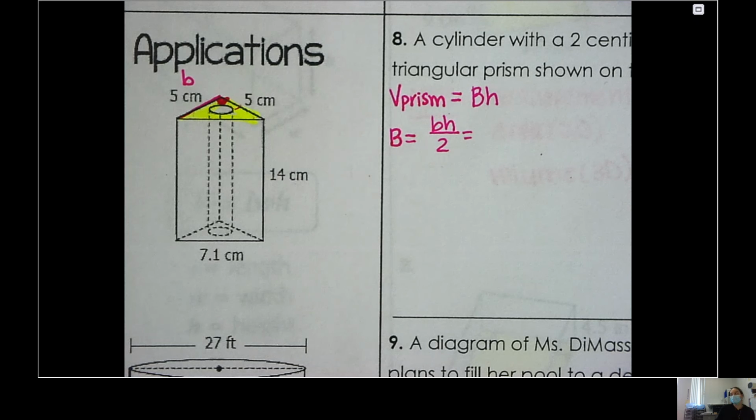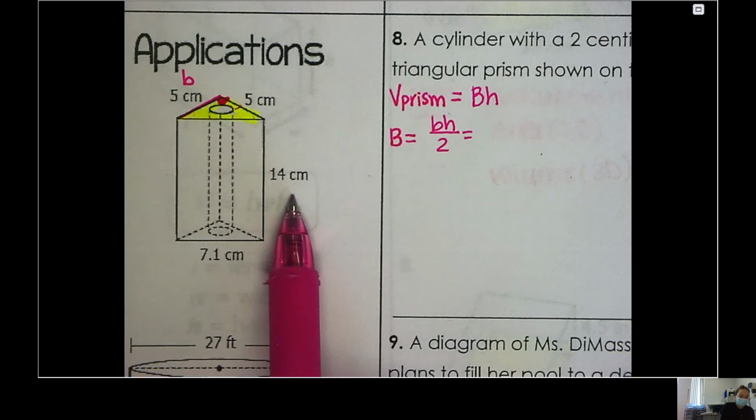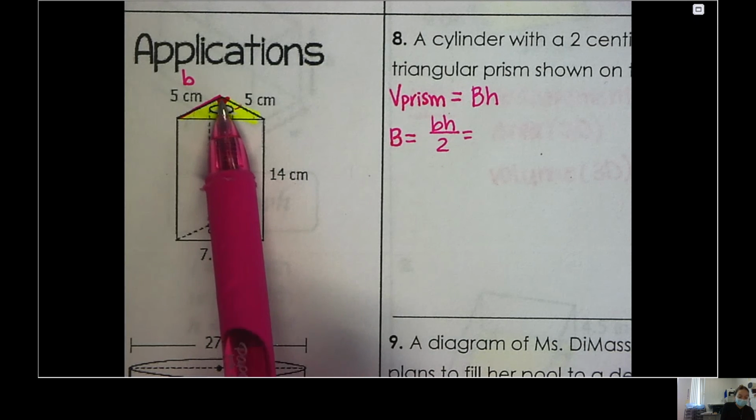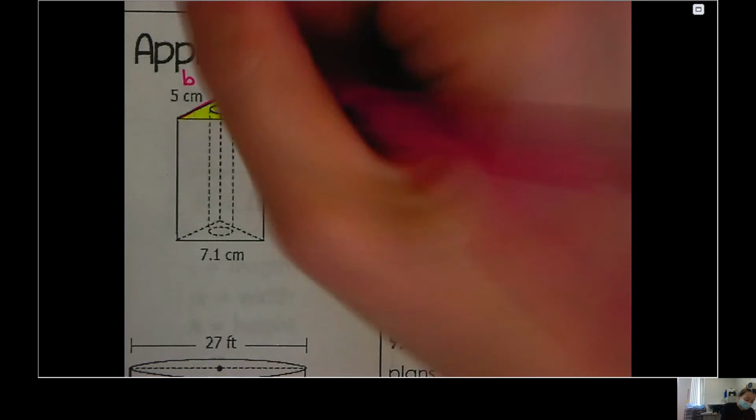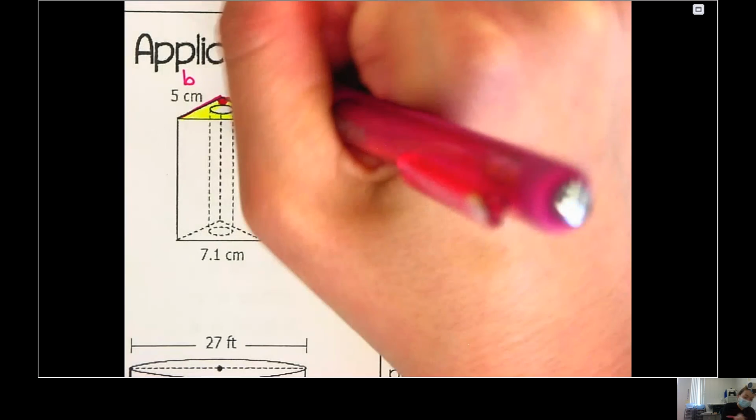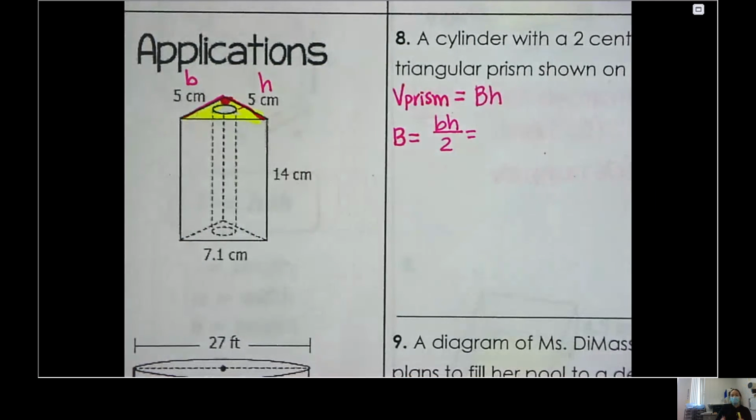What's the only other number it touches? What other number? Does this touch that? What's the only number this touches? It's the other 5. There's 2 5s. Base and the height right there.